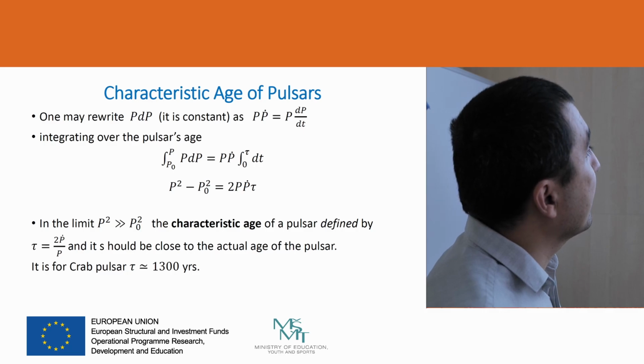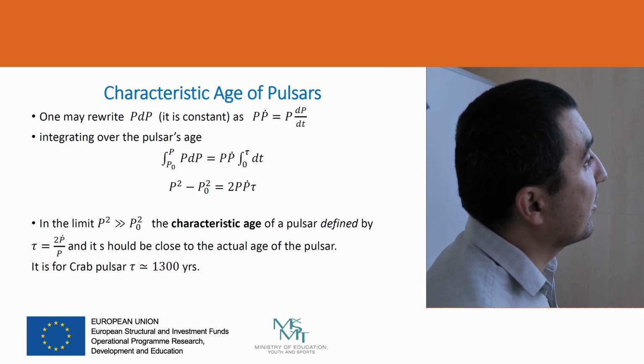We can drop this part, and we can easily find the characteristic age using the observational parameters.